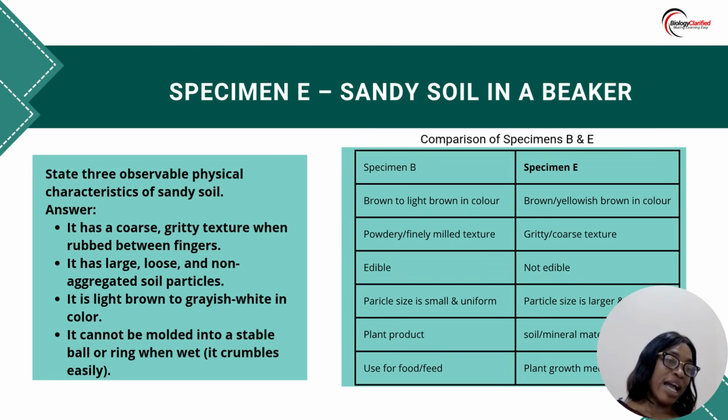Then the particle size is small and uniform in specimen B, while for sandy soil, it is larger and irregular. So you can use food: one is a food, one is just a growth medium. You can use nutrients: one is a plant product, one is mineral material.